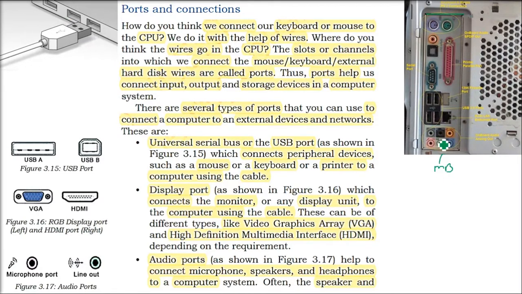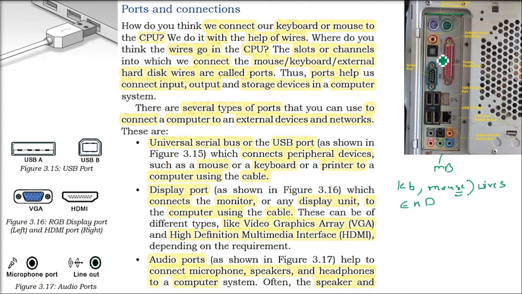It's a motherboard inside and it has all these jacks, these ports. If you want to connect a keyboard, you will connect it into the motherboard. You want to connect a mouse, you will use say PS2 connection or wireless or USB. So wherever you put it, those are the ports.